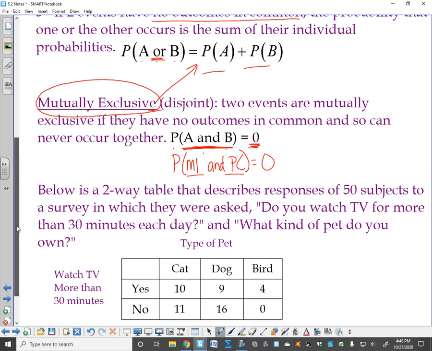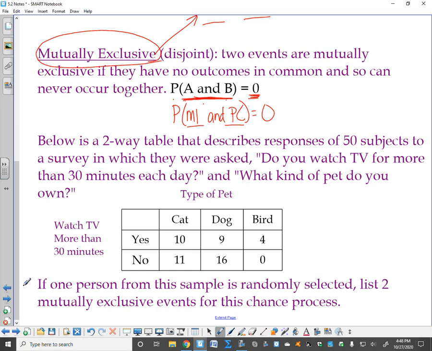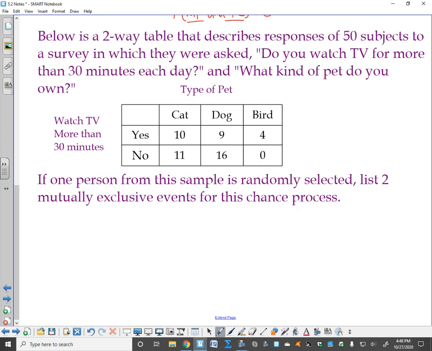Okay, below is a two-way table that describes the responses of 50 subjects to a survey in which they were asked, do you watch TV for more than 30 minutes a day? And then they were also asked, what kind of pet do you have? Okay, so I have two variables here.